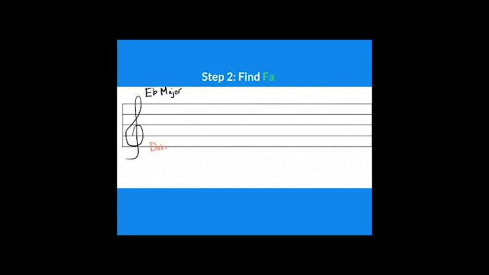And then we want to find fa because fa is the final flat. So we have do, re, mi, fa. So we've landed on the space for A, which means that A flat is fa, and it's also the final flat in this key signature.